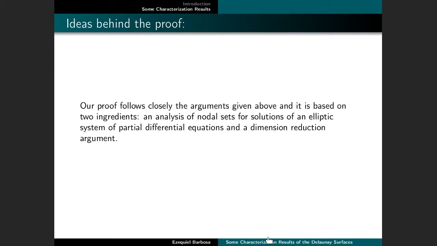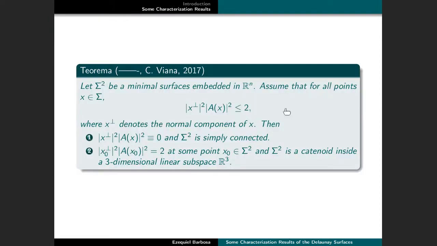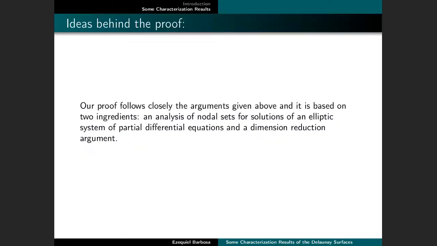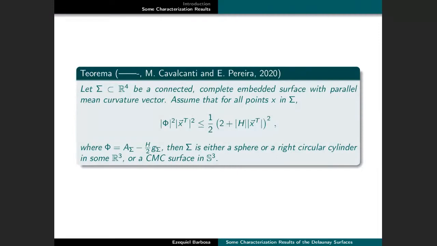But anyway, we can obtain the same kind of result for surfaces with very high codimension. Okay. The question here is whether it is possible to prove a result like this for the case of CMC surfaces involving the Delaunay surfaces. And this is a result we weren't able to prove yet. Okay, so we have some kind of partial result, but it's not an interesting result yet.